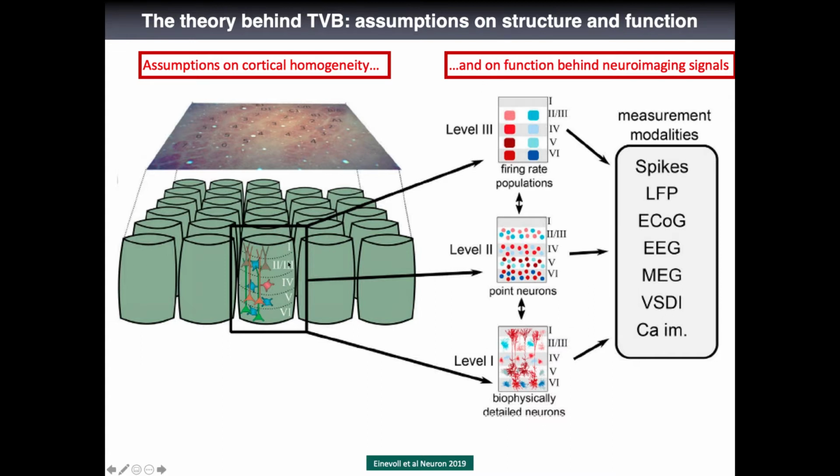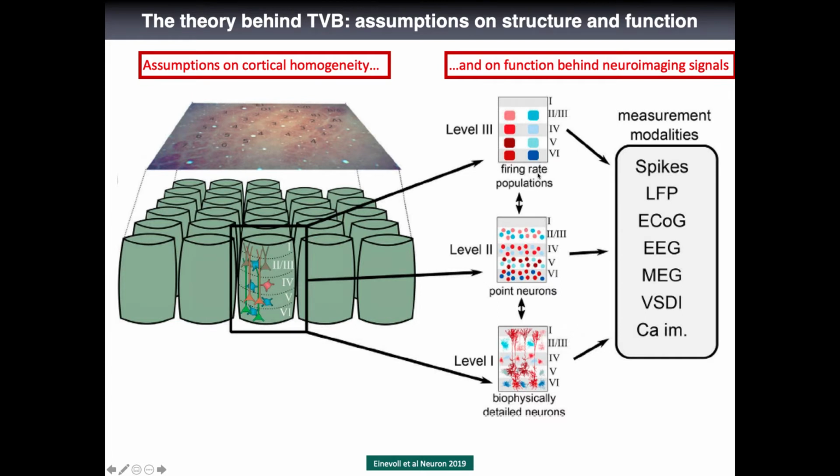It is composed of cortical columns, as we know, and within these cortical columns we find the neural networks. Those neural networks can be represented at different scales. We can have detailed biophysical models of neurons. Then we can start abstracting from them and treat them as point neurons that can fire spikes. And then we can also have statistical descriptions of populations of such neurons and represent their activity as, for instance, firing rate.